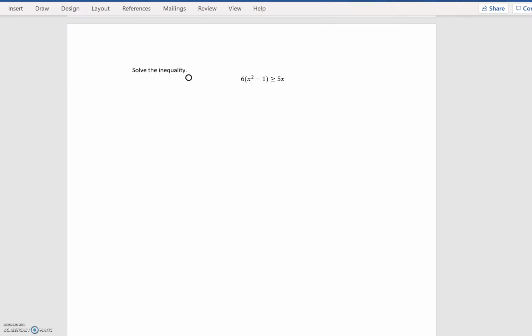Looking at this problem on the very top, you need to solve this inequality. The first thing that I'm going to do here is distribute the 6.